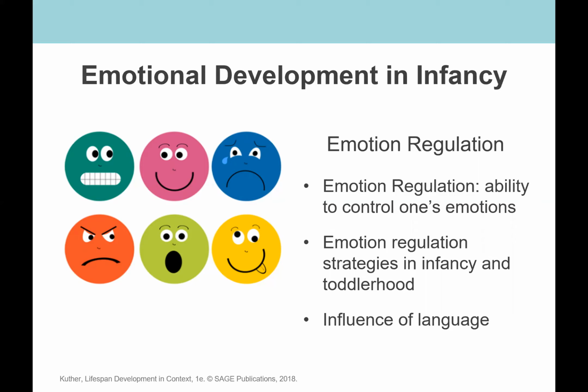So, with this very early emotion regulation, parents are often the ones who are first facilitating this and helping to control babies' emotions. Parents will do things like hold the baby and bounce them on their knee or pat their back. And then infants eventually start to regulate it on their own, like sucking their thumb and turning away from something that is uncomfortable.